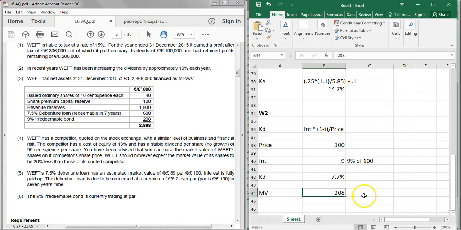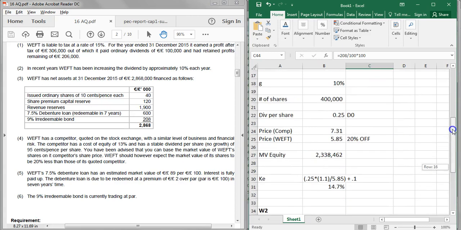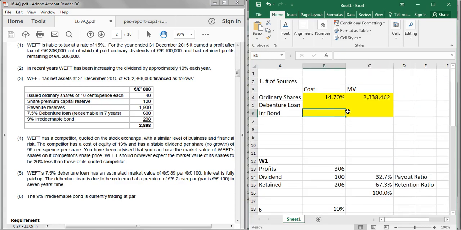So whichever way you want to do it, 208 divided by 100, multiplied by 100, it's still trading at par. So it's going to be its book value because it's trading at its par amount. So here you have 7.7% and you have 208,000.